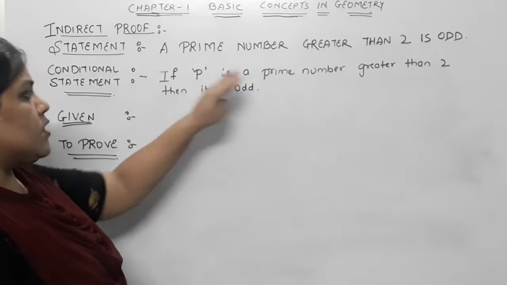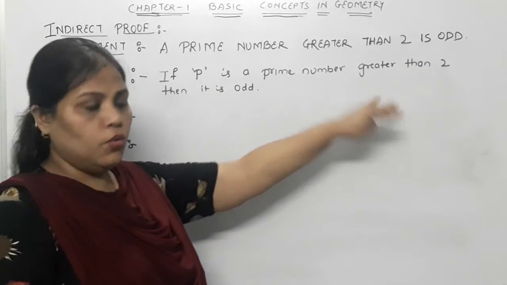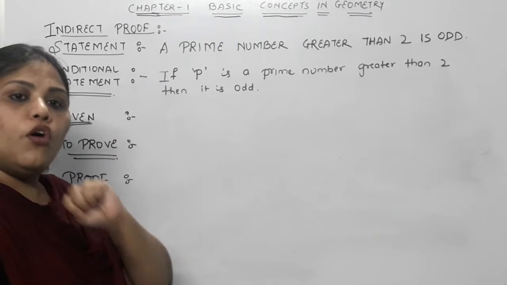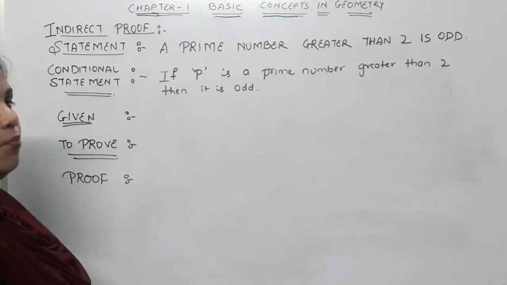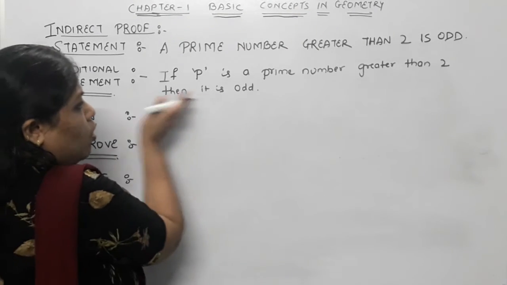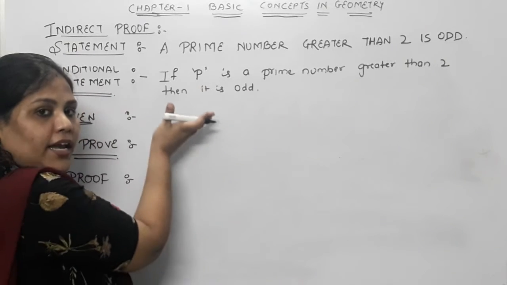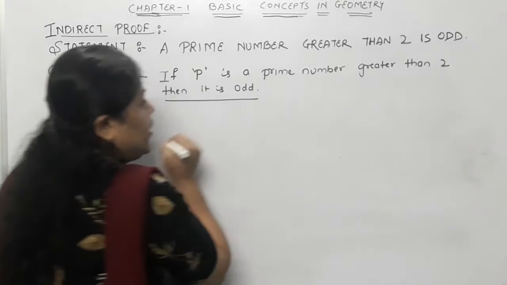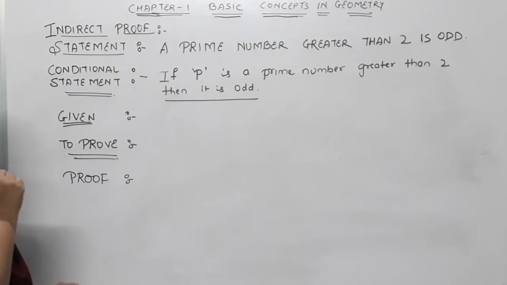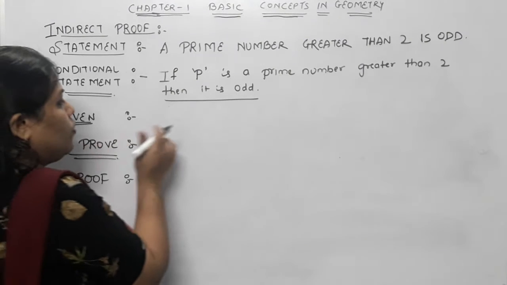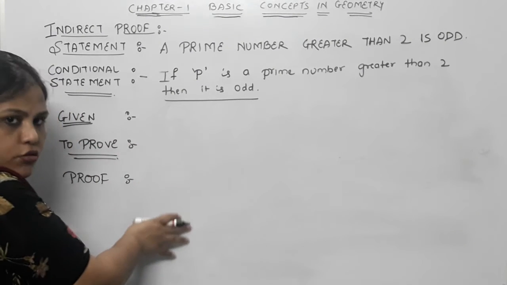Okay? If P is a prime number greater than 2, then it is odd. Now what usually we do in indirect proof is this consequent part, means the second part, we take it as false. Okay?